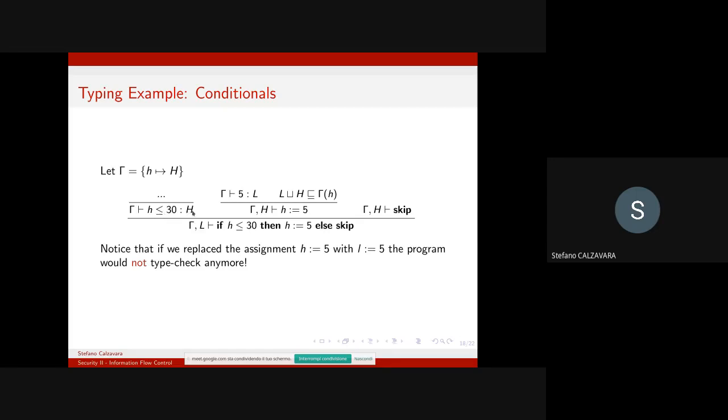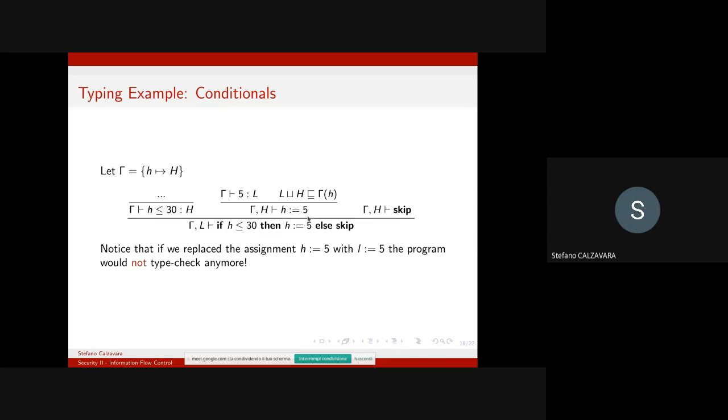Then, and this is the interesting part, since the guard is high, these two commands are type checked, but notice that the PC label, which was originally low, is upgraded to high. This is still fine for this program because skip is trivially type checked.